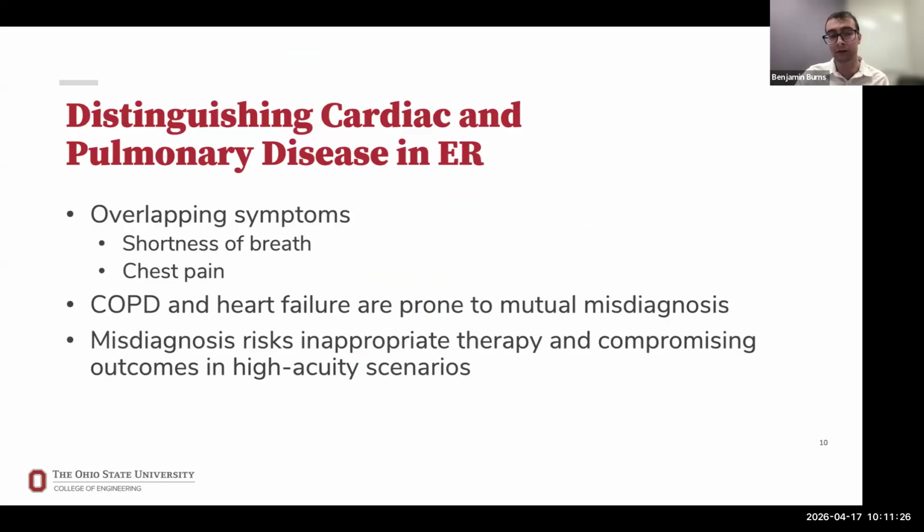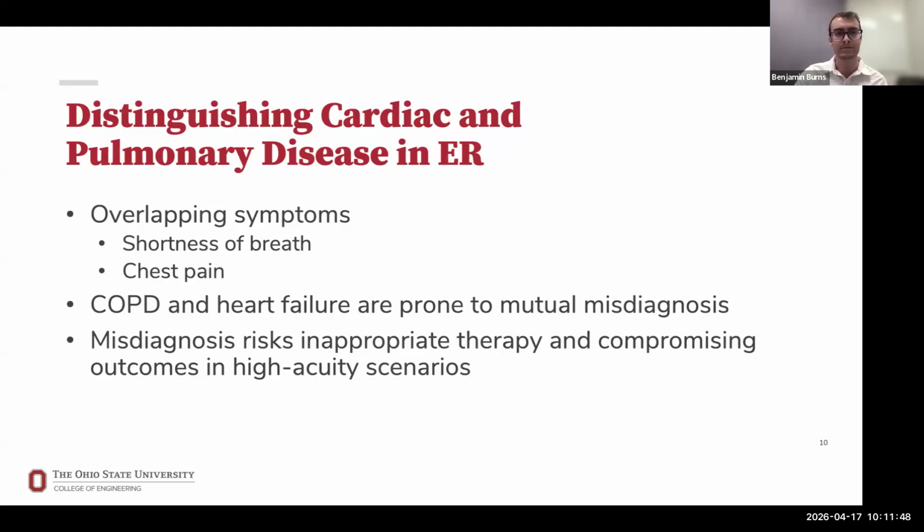And studies have found that some of these diseases, COPD and heart failure, are often prone to mutual misdiagnosis.